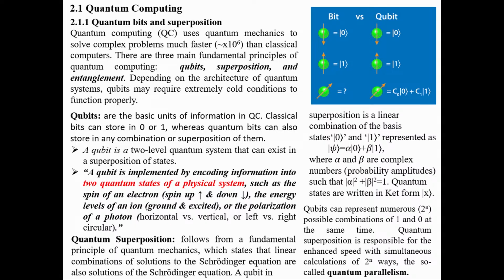These are the bracket notation, the famous bracket notation. It tells the state of a quantum bit. Alpha and beta are the probability amplitudes. So what should be the total probability? Can anybody tell?